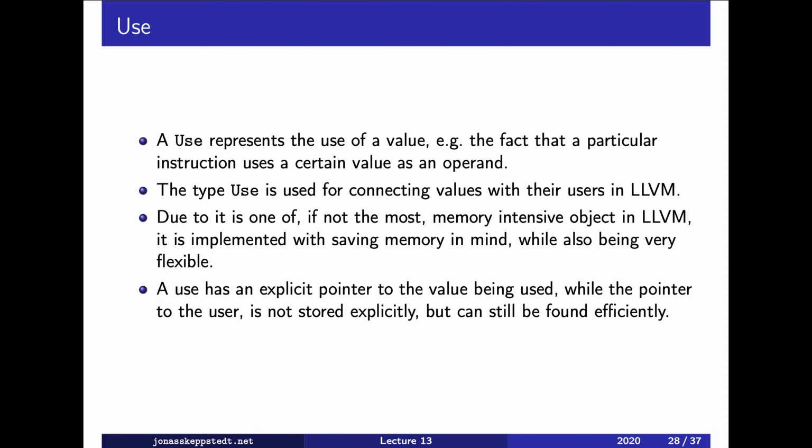So it's implemented in a way to be as efficient as possible. And as I mentioned, there is a direct pointer to the value that is used, and there is a special representation to find the different users of a value, and they can still be found efficiently.